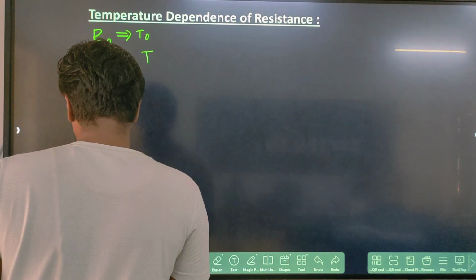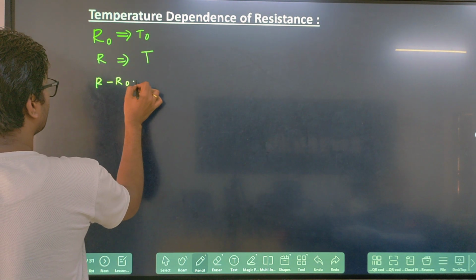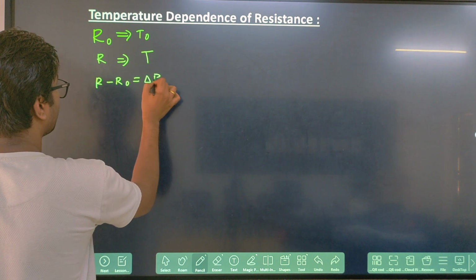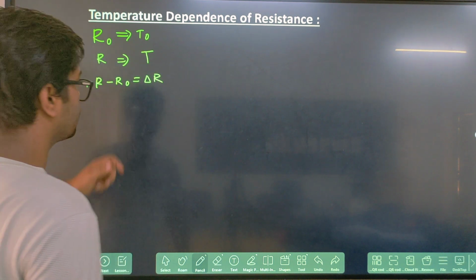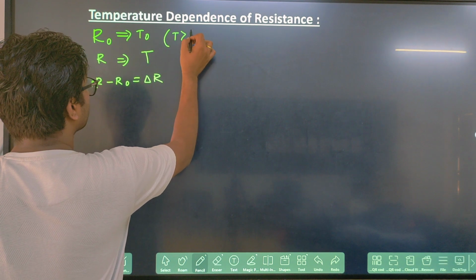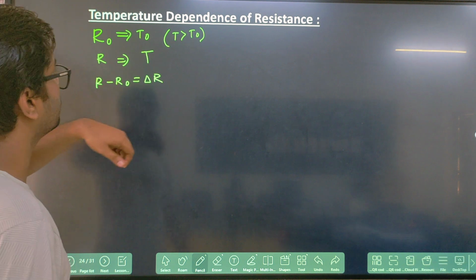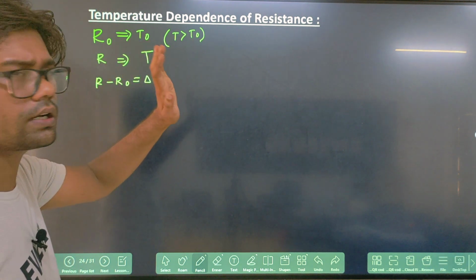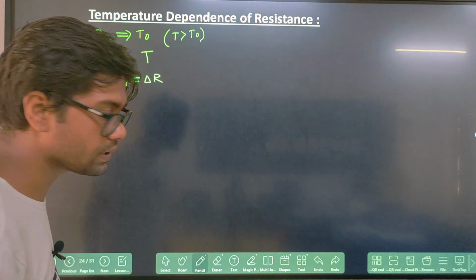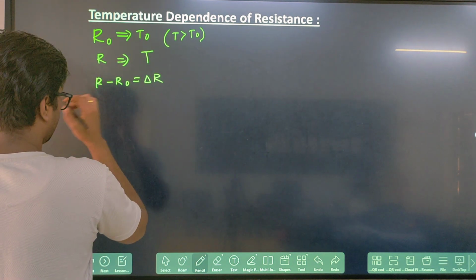And R minus R naught is called delta R, the change in resistance. Here the assumption I am taking is that T is greater than T naught. If the temperature increases for a conductor, you know that resistance also increases. Clear? So R minus R naught is delta R.